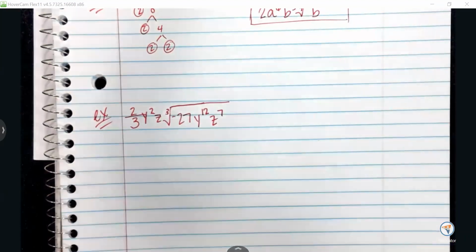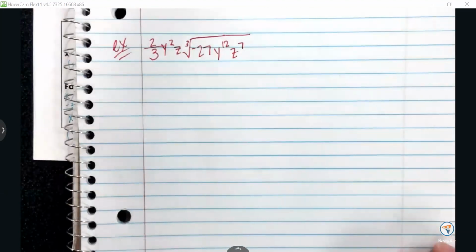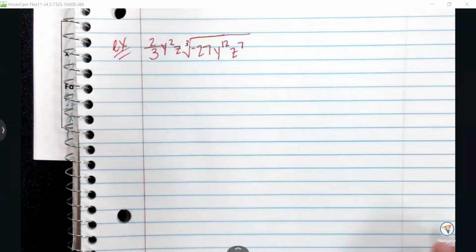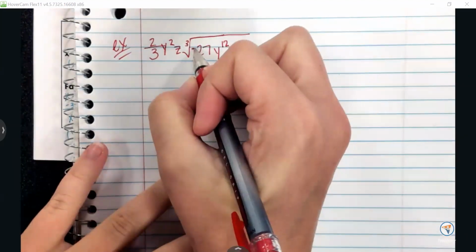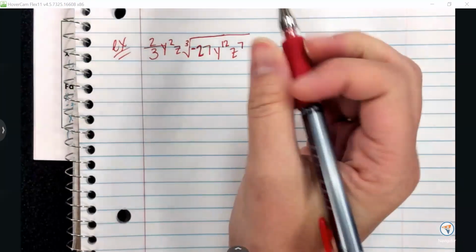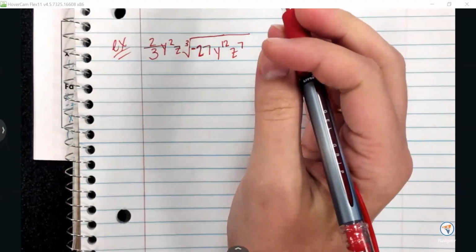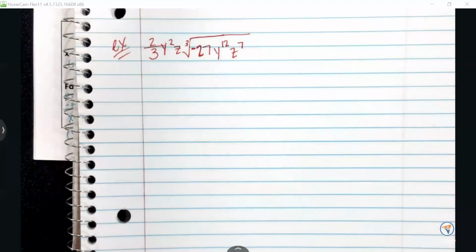Okay. So first question, is it okay that there's a negative inside? Yes. Why? Because it's an odd root. Okay. So because it's an odd root, this negative is okay. It belongs.